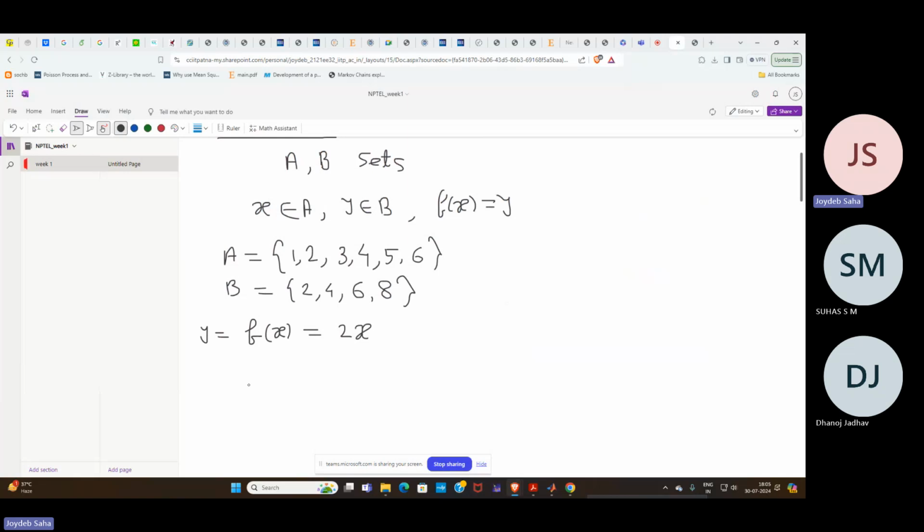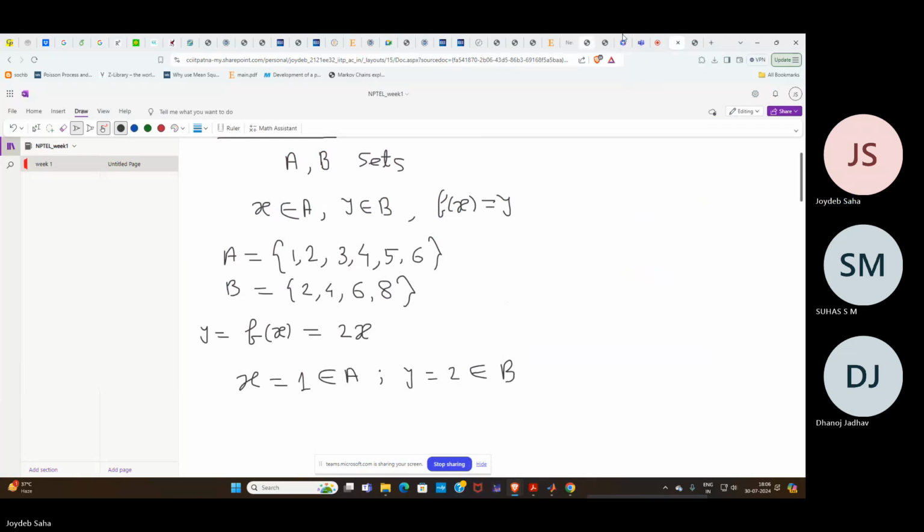Now if x is equal to 1, which belongs to set A, then corresponding to x is equal to 1, y is equal to 2. And 2 belongs to set B. So can we say that f is a function? Yeah, sure.